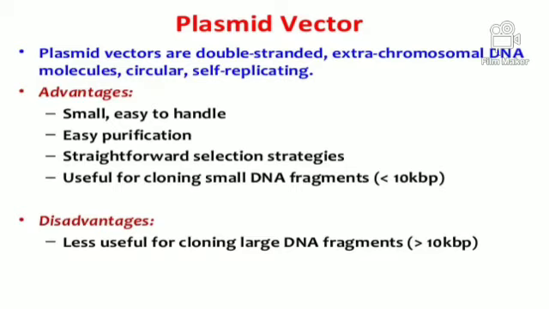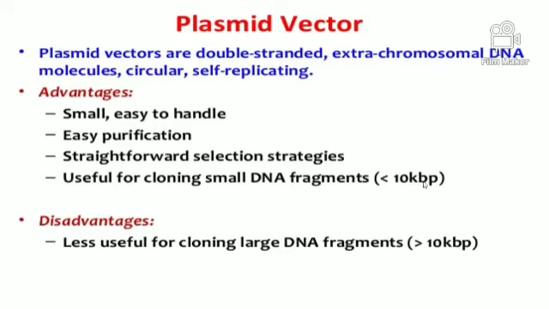Advantages of the plasmid as a vector: it is very small and easy to handle. Second, it is easy to purify. Third, it has straightforward selection strategies, so you can select straightforwardly which gene is to be inserted. It is useful for cloning small DNA fragments, less than 10 kbp.